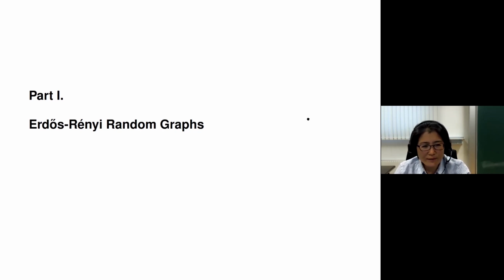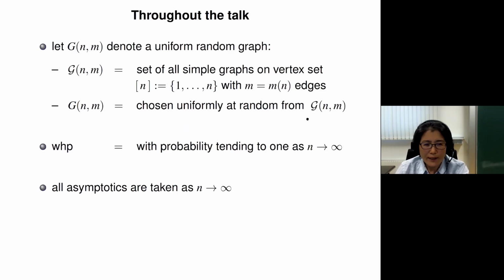To set the scene, let calligraphic G(n,m) denote the class of all vertex-labeled simple graphs on the vertex set of integers 1 through n with m edges. Typically m depends on n. And let G(n,m) be a graph chosen uniformly at random from that class. This G(n,m) is also known as the Erdős–Rényi random graph or the uniform random graph.